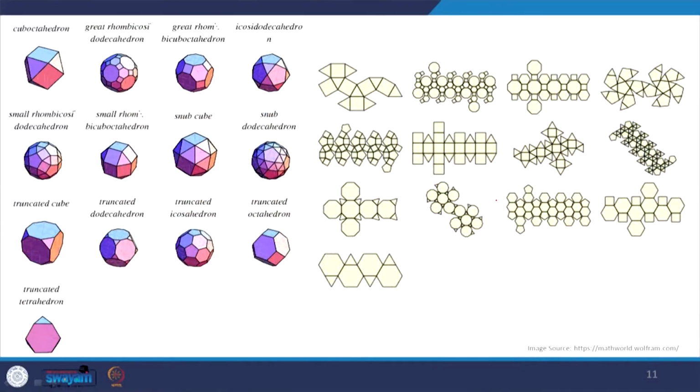If you read about them and remember what shapes they are made of, then you can draw them conveniently. The first and only important thing is to know what each Archimedean solid is made of.